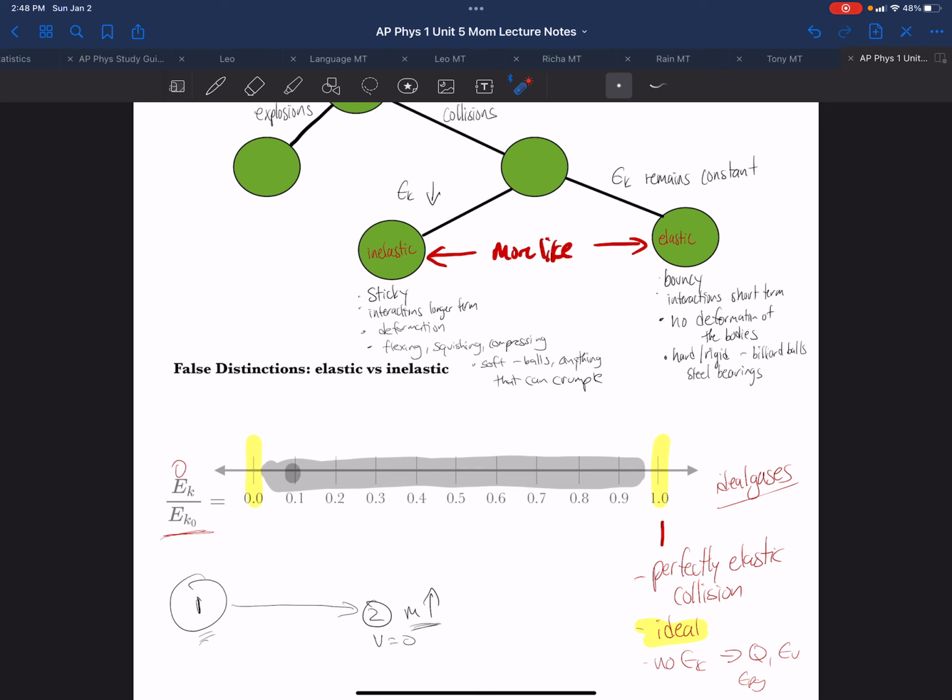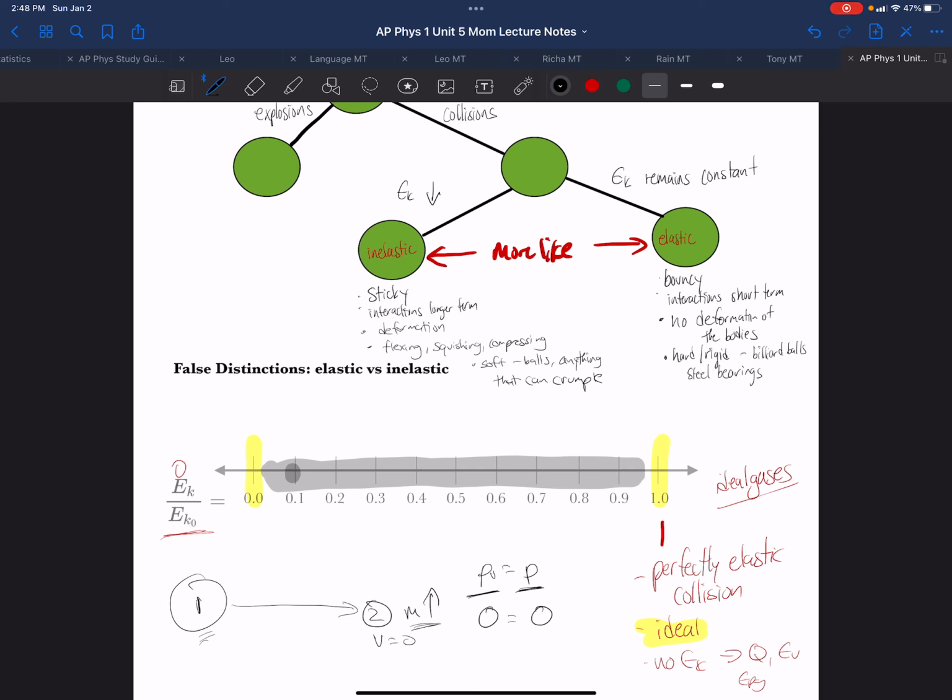And the other reason we know 0 doesn't happen is because momentum must be conserved. That's always true. So if something is moving beforehand, something must be moving afterward. For the momentum afterward to be 0, the momentum beforehand must have been 0. And if the momentum was 0, the kinetic energy would be 0.